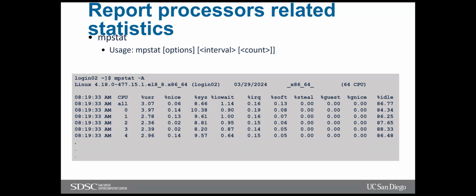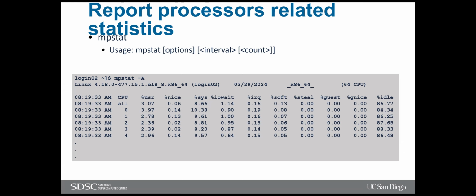So mpstat will allow you to report processor-related statistics. It accurately displays the statistics of the CPU usage of a system and the information about CPU utilization and performance. When you use the mpstat command, it's going to display in 2 sections.